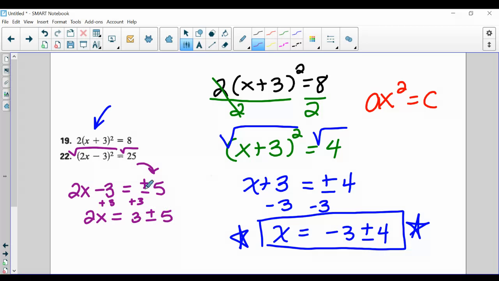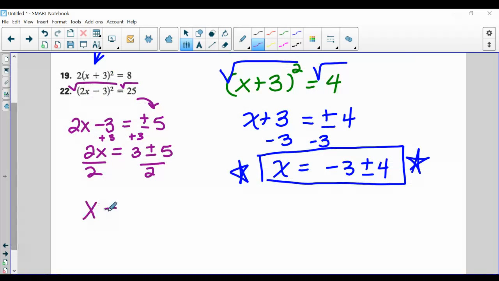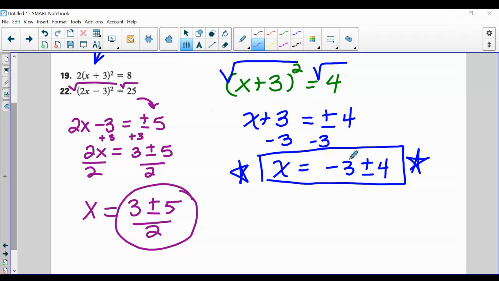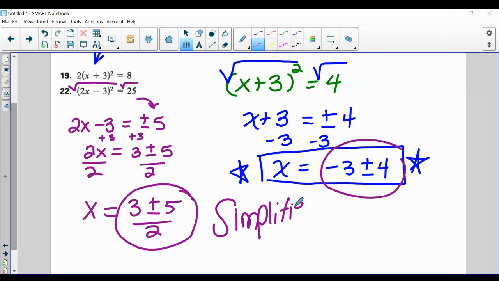I'm just simply moving it in front of that term, dividing by 2, and x equals 3 plus minus 5 over 2. Now, both this answer and this answer can be simplified further, but again, I'm not showing you the final answers. These are not the final answers because they can be simplified further.